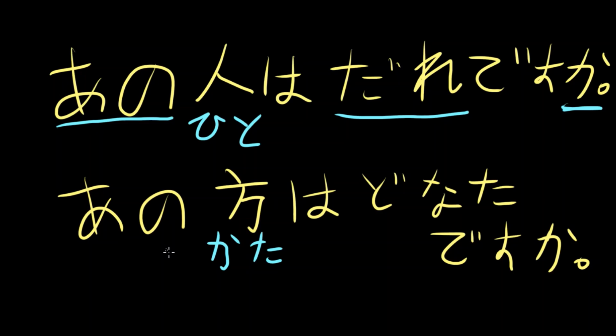Kata is just a polite way to refer to a person. And どなた is a polite version of who. Okay, so あの人は誰ですか? Probably with your friends you might say that. If you're working for a company or something, you might say あの方はどなたですか? Good. Okay. Let's continue.